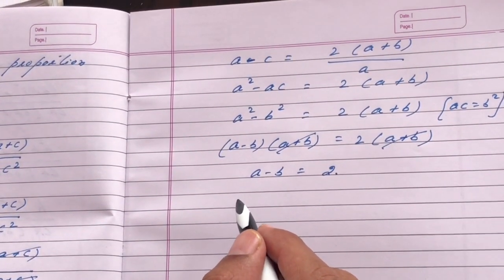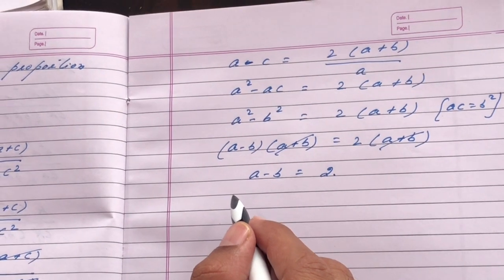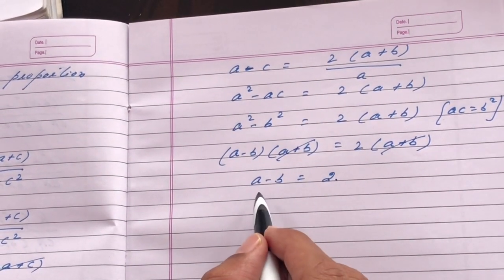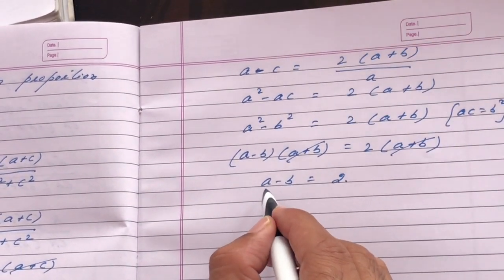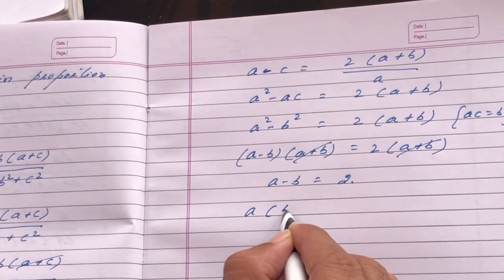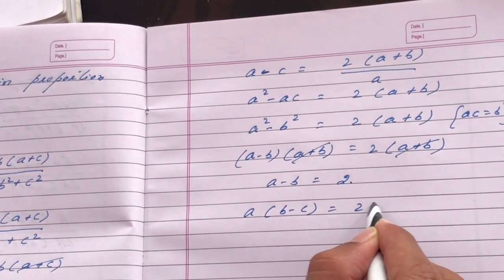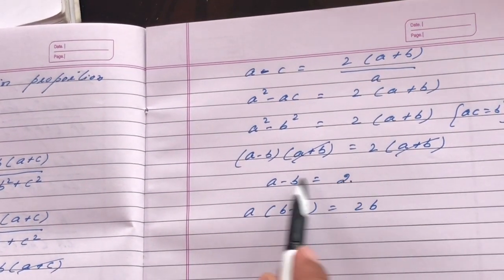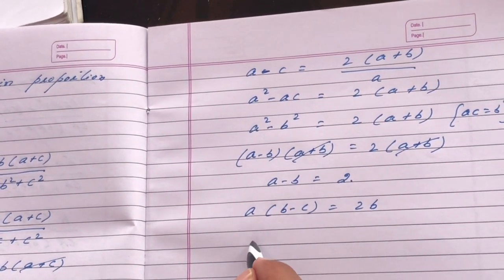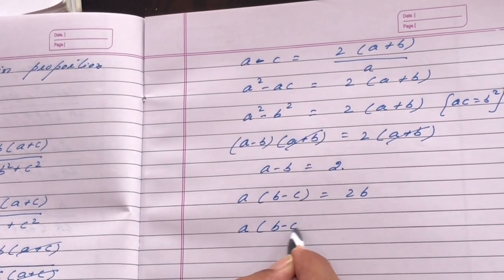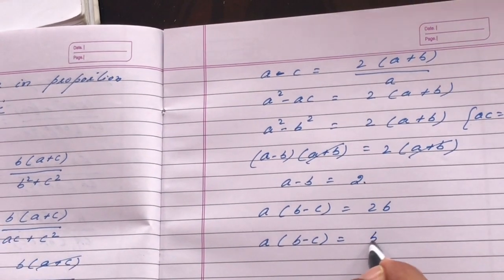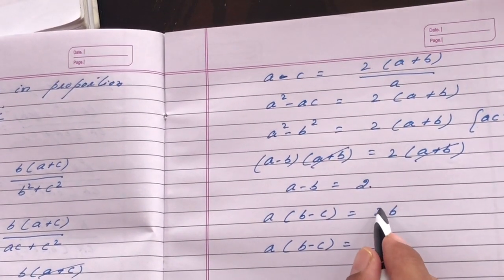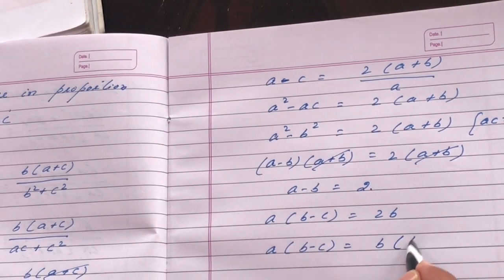Now I am given that A into B minus C is 2B. So in place of 2 I write A minus B. A into B minus C is B into A minus B.